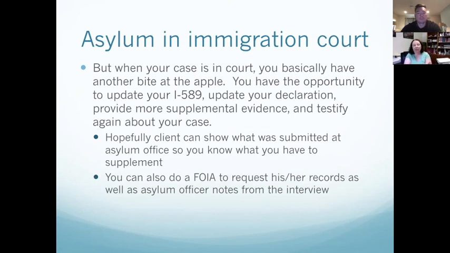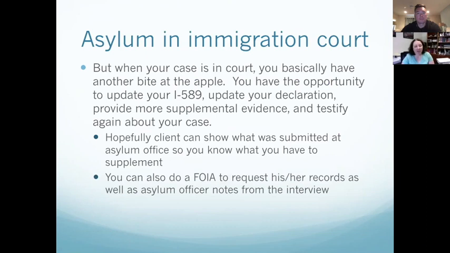At the asylum office, I'm more nervous about submitting a ton of country conditions evidence, but I'm more likely to submit that evidence in immigration court, because I want it to be part of my client's record. Hopefully not, but if I have to, I'll be referring back to that evidence on appeal.